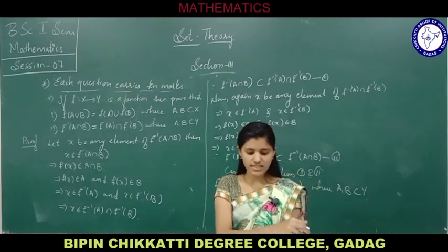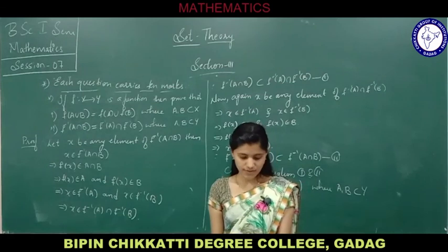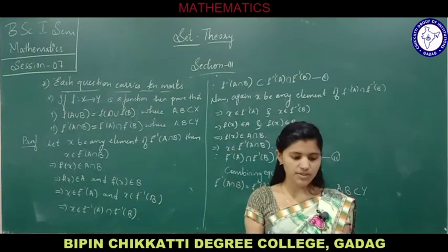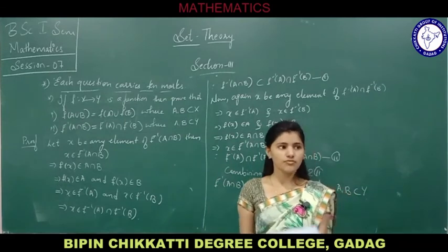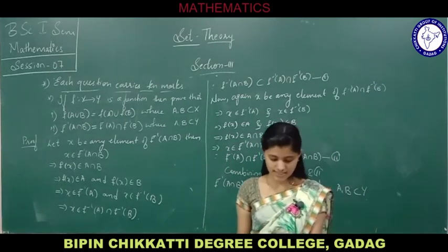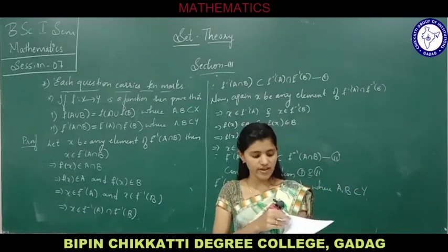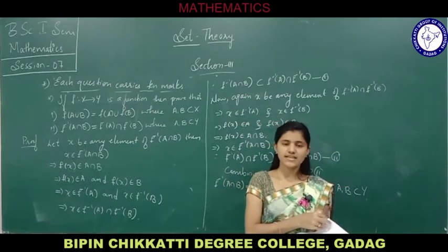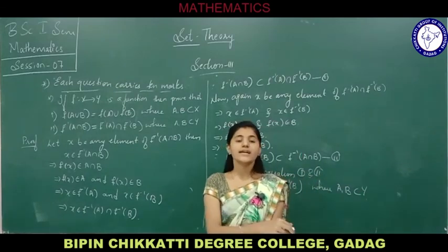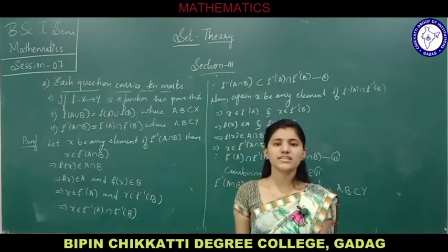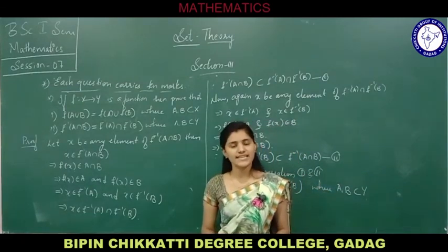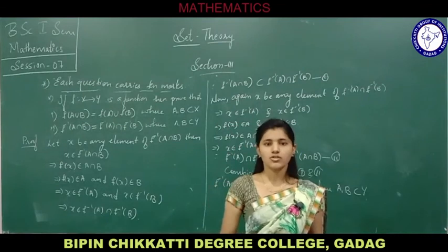After that we studied set functions, composite of functions and their properties, equivalent sets, theorems on equivalent sets, countable sets, denumerable and uncountable sets, and many theorems related to countability of sets. And later we also solved the question paper.